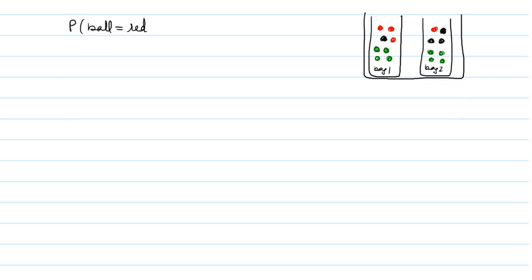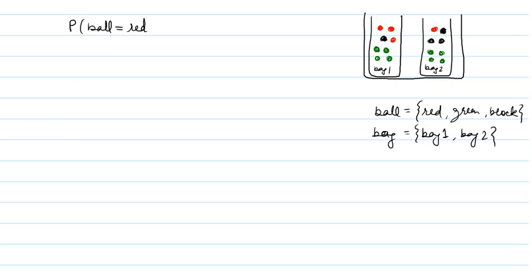So ball is a variable, and ball can be red or green or black. Similarly, we can have another variable, that is bag. This bag can be either bag 1 or bag 2.